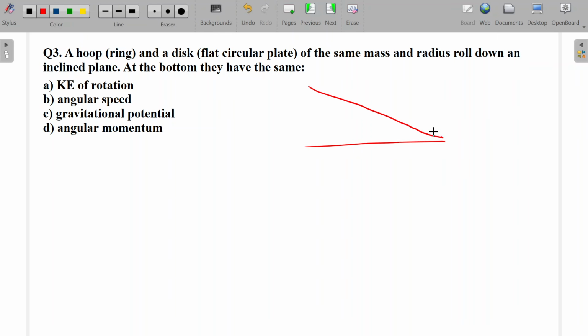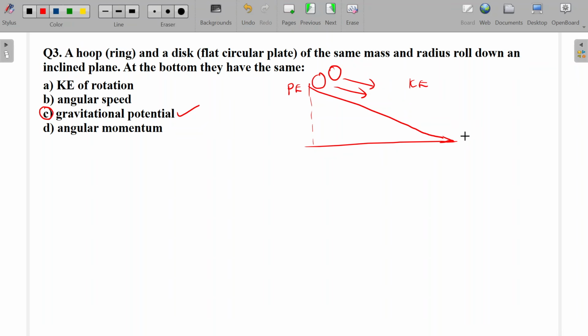Here on an inclined plane, they will be going down. But when they reach down here, what are they going to have which will be the same? Yes, they're going to have the same gravitational potential energy, because from here, the gravitational potential energy will be converted to kinetic energy.